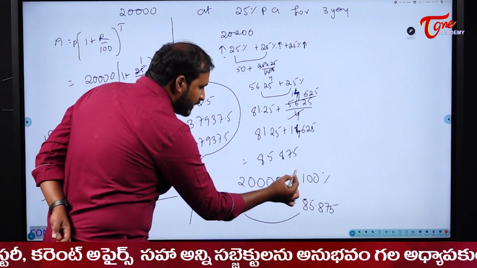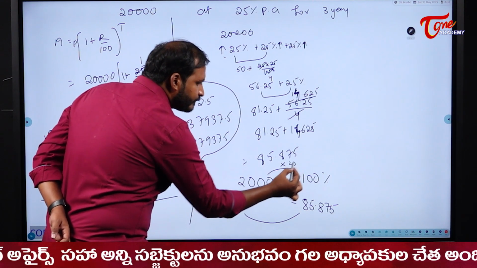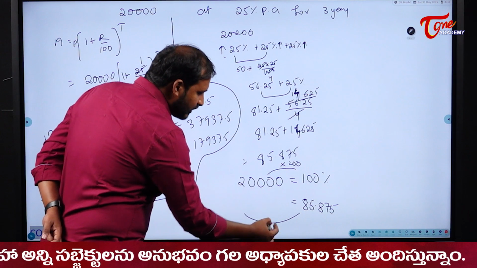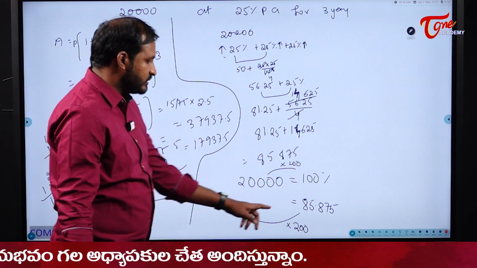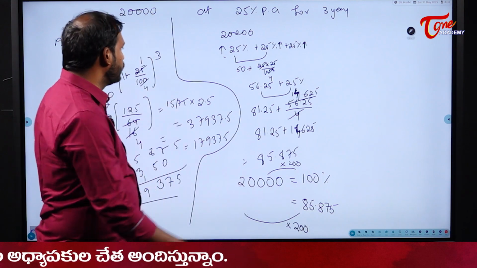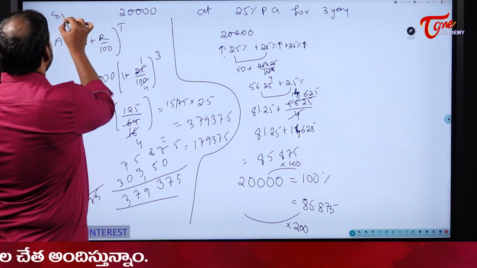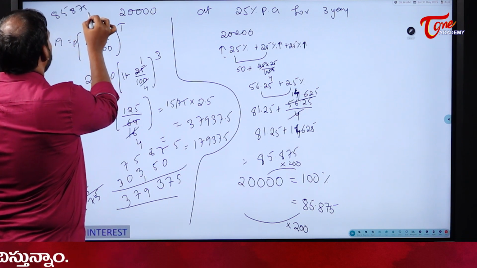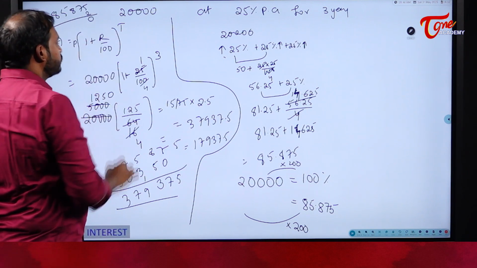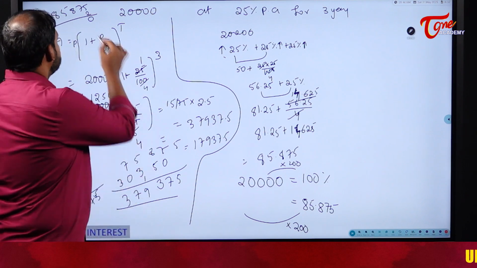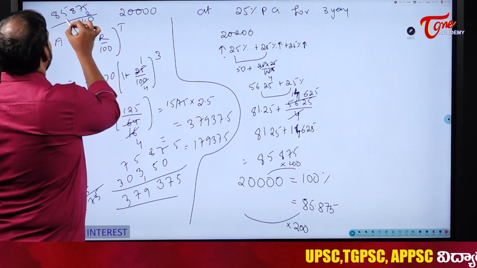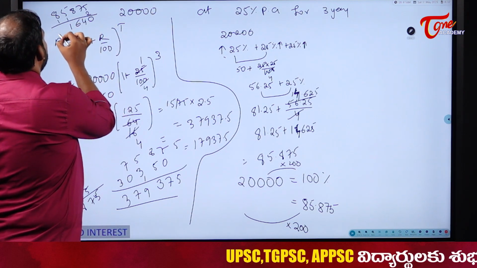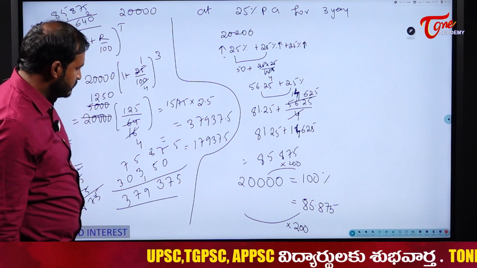That means what you have done here, into 200, right? Similarly, here also multiply it with 200. So 85875 into 2. What will you get here? 0. Right? Next 4, 0, 4. Next 6, 1, 1, 1, 1, 7, 1, 6, 4, 0.